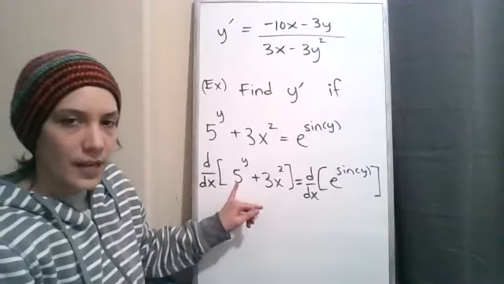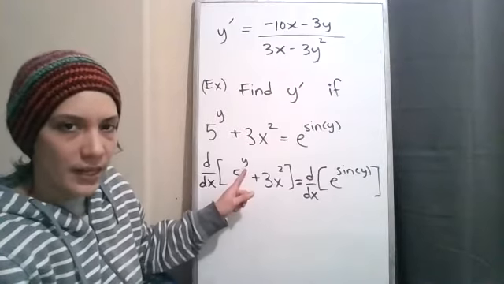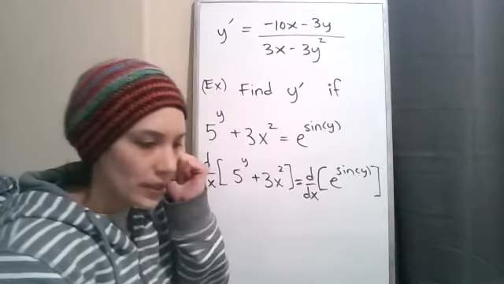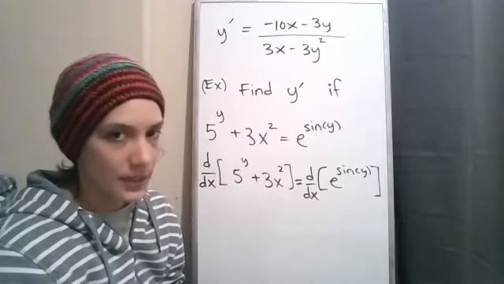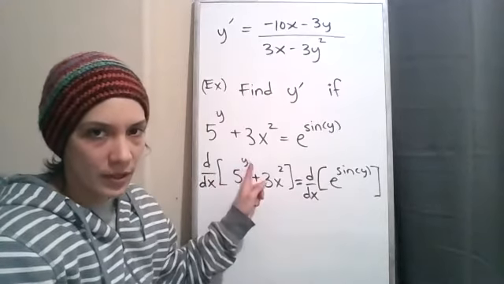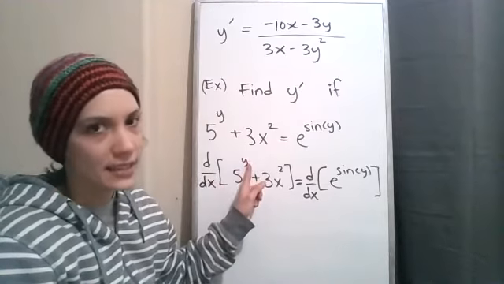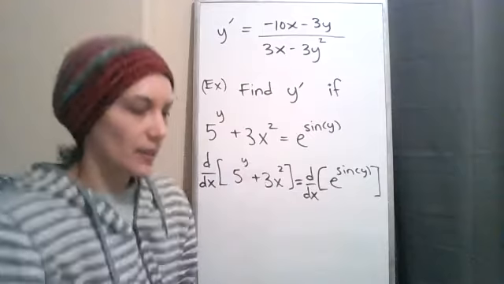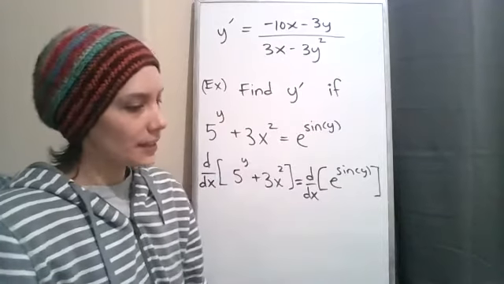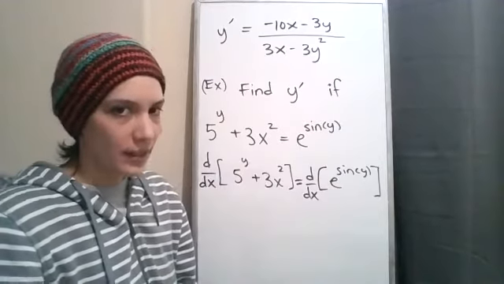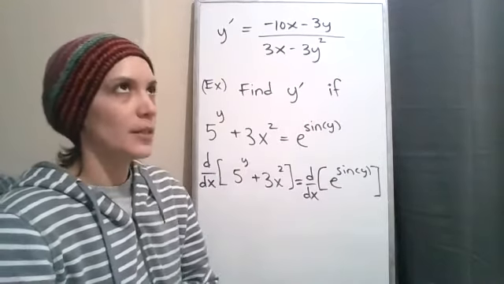This one, we have a number with a power y, and we're going to do that rule we've learned before as well as the chain rule. Okay. It is 5 to the y ln of 5 times y prime.